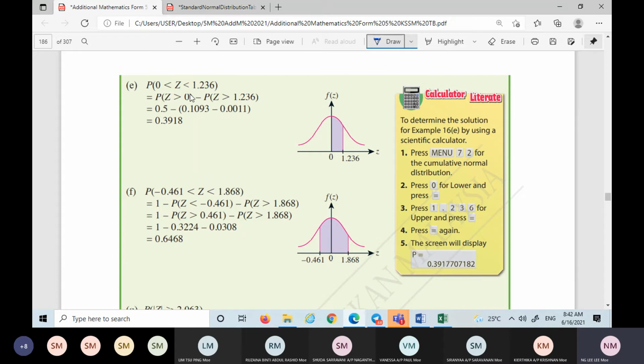The area is in between. Then how do you make use of the table? The table can read this, the one I put a dot. Then see, this is half, so it's 0.5. 0.5 minus the dot, and you get the answer.